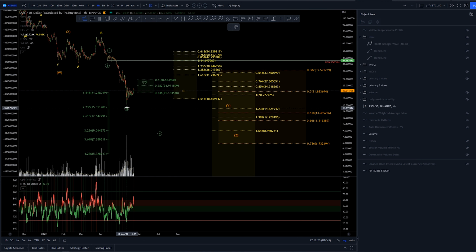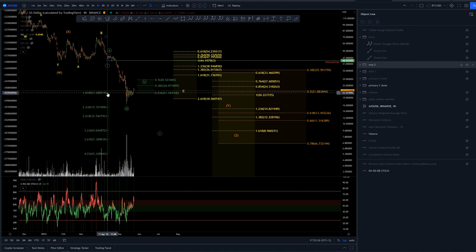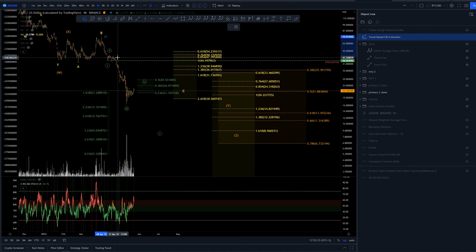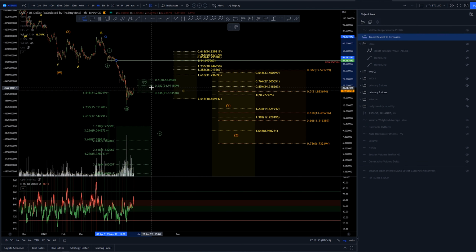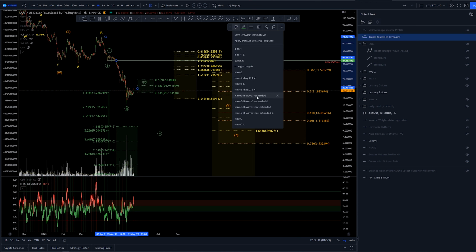So again, as wave 3 is, well, it is not too extended, but again it is somewhat extended. This is a bit difficult to say. We can just measure it two different ways. Let's say the wave 4 ends here, and let's take a look at this.